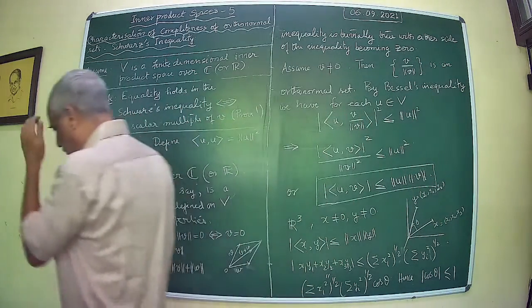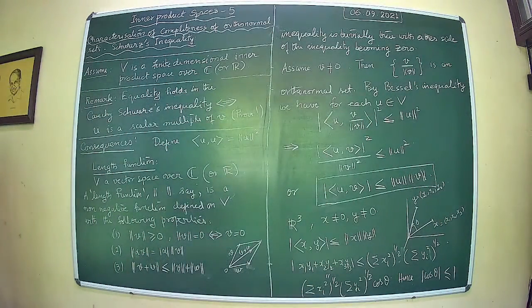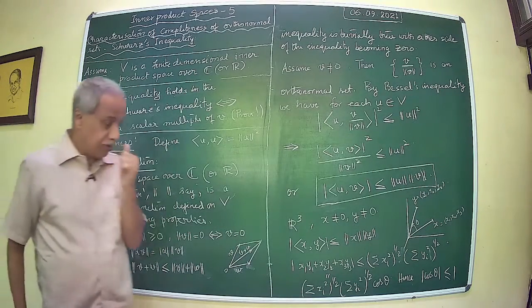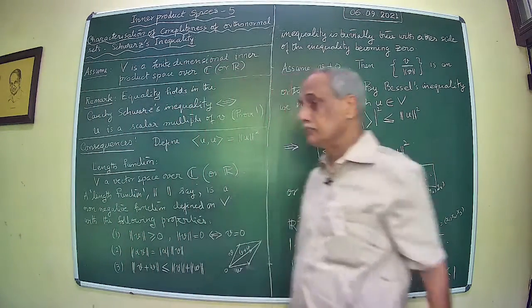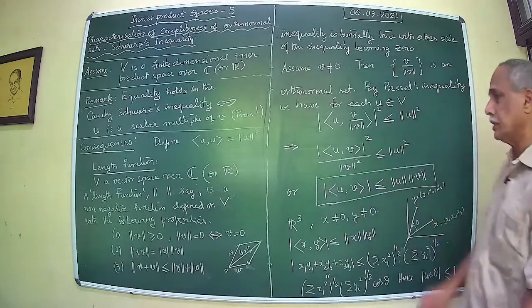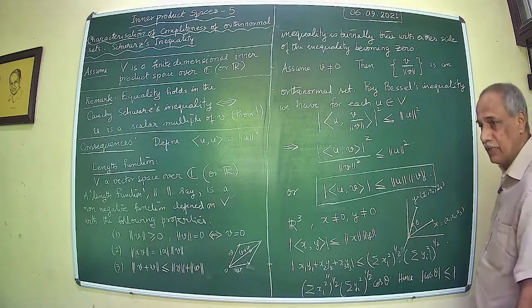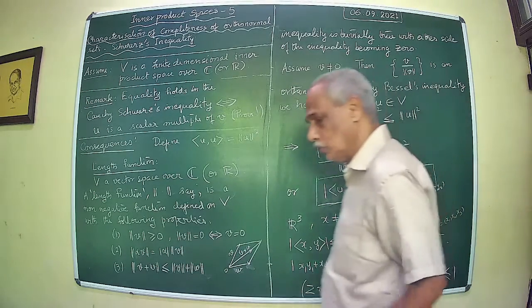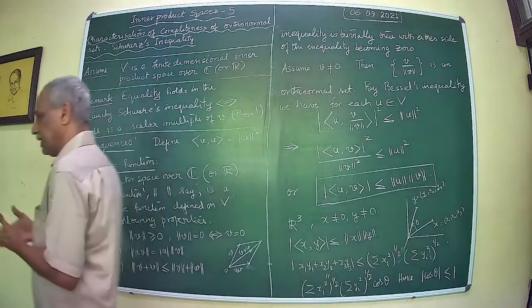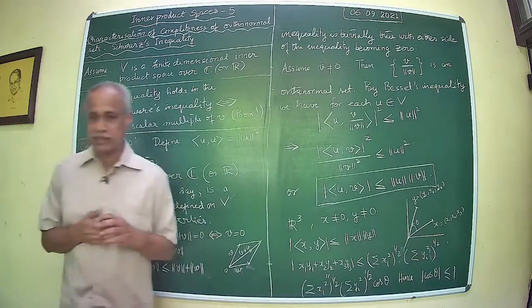Now, I just want to make a remark here. V is a vector space with a structure endowed by the two operations, namely addition and scalar multiplication.